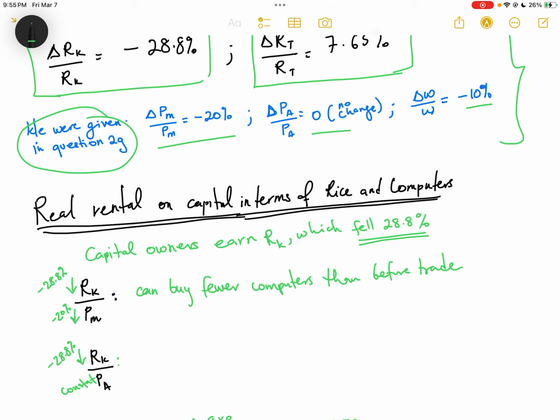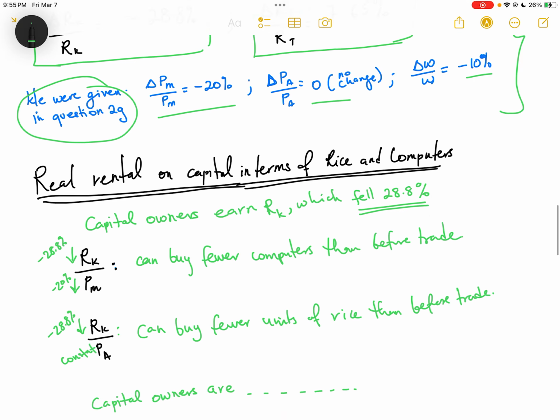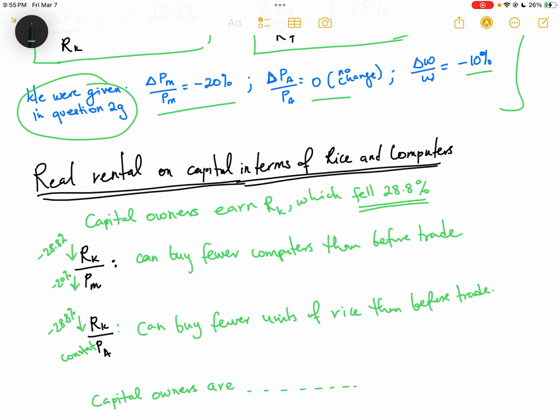And so, yeah, capital owners can buy fewer units of rice than before trade. So what does that mean? Well, it means that capital owners are worse off in both goods.